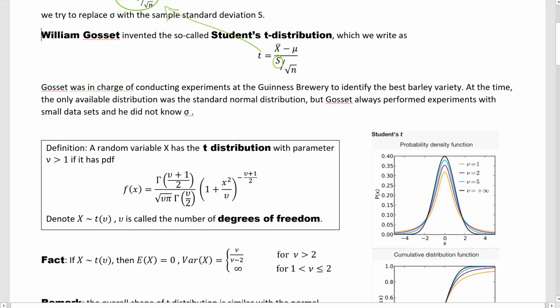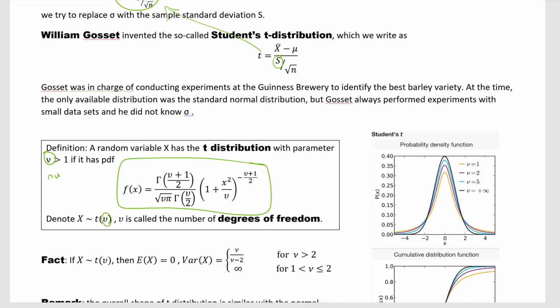Definition. A random variable x has the t-distribution with parameter nu. This is not v, this is the Greek letter nu. If it has this PDF, the probability density function, then x has the t-distribution with degrees of freedom nu.